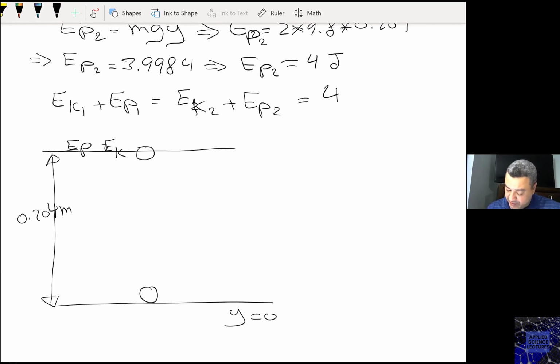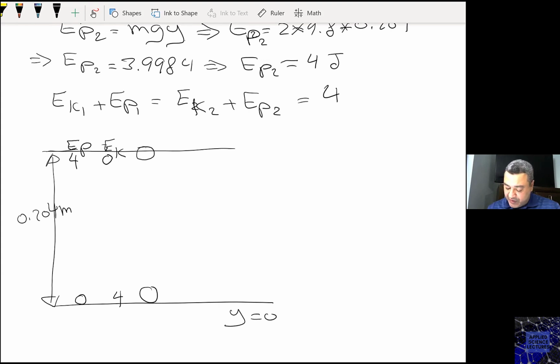So here, EP was 0. EK was 4 joules, right? Here, at this position, EK was 0 and EP was 4 joules.